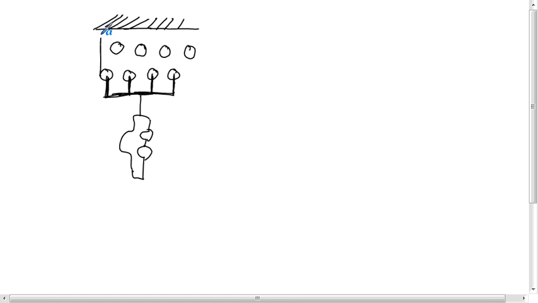And the cable that's being pulled on attaches to the ceiling. These are all attached to the ceiling. And now the cable threads through like this, to that one, to that one, to that one, to that one.